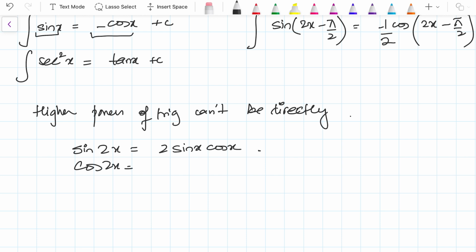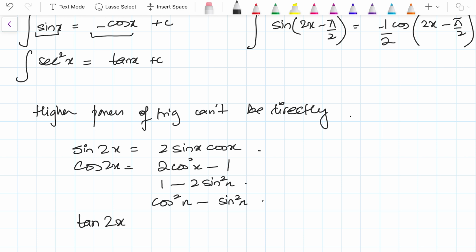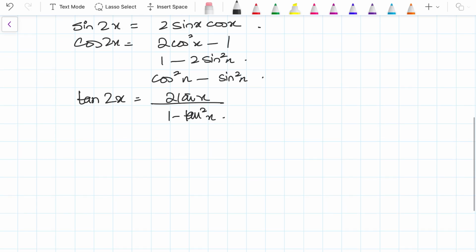Cos 2x is equals to 2 cos square x minus 1, or 1 minus 2 sine square x, or cos square x minus sine square x. We also know that tan 2x is equals to 2 tan x divided by 1 minus tan square x.